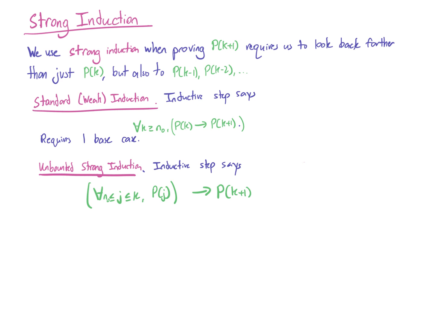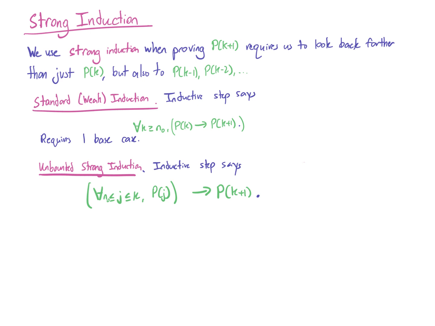A funny thing about this approach is that even though I'm assuming an unbounded number of propositions here, k could be really big. K could be 1,000, in which case I'm making 1,000 assumptions of the form P of j.